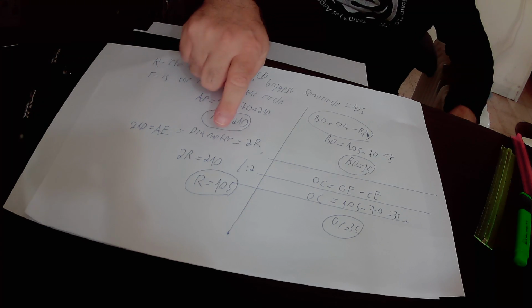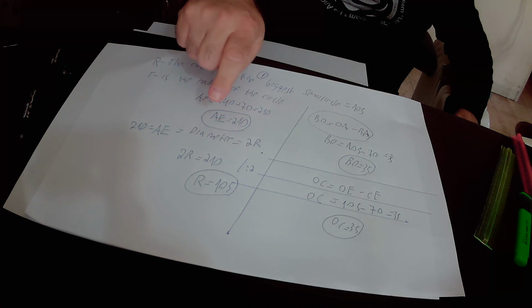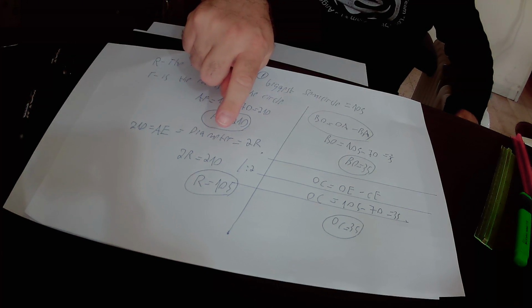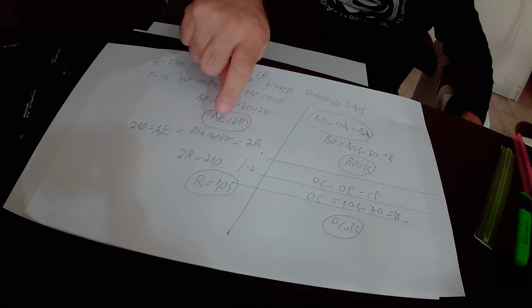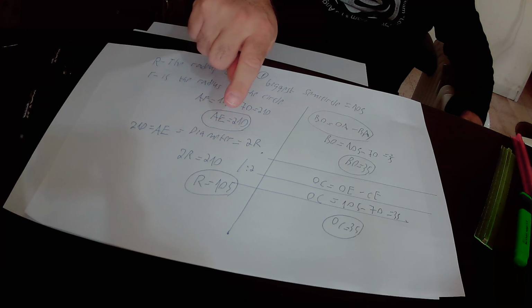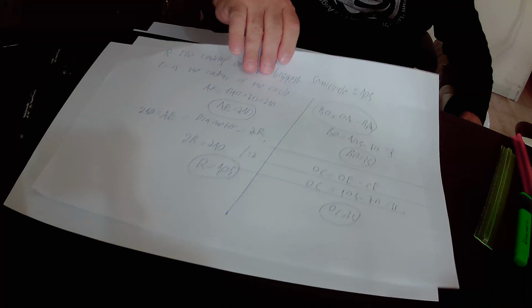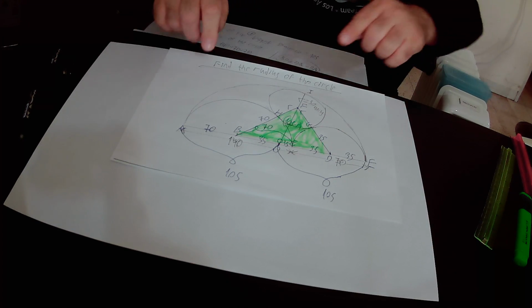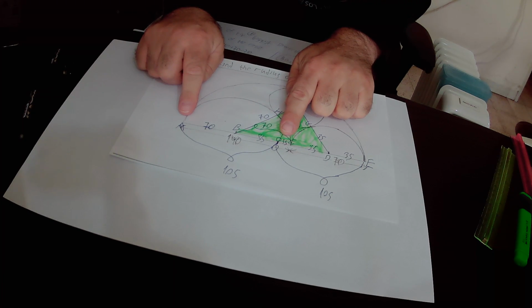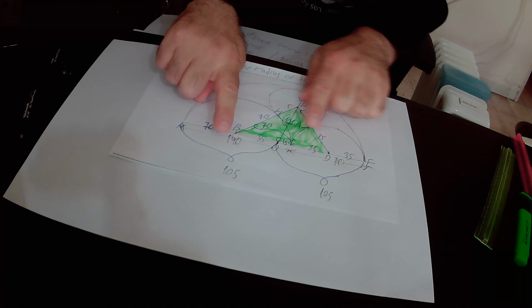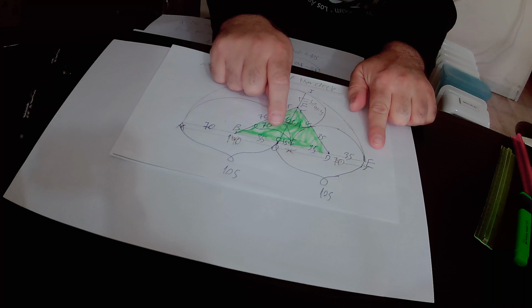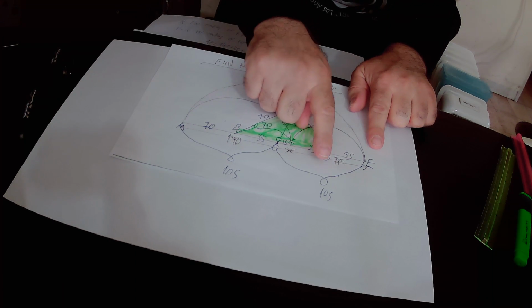Here we divided this equation by 2 and found that capital R, the radius of the biggest semicircle, equals 210 over 2, that is 105 units. So the radius AO equals 105 units, and the radius OE equals 105 units.